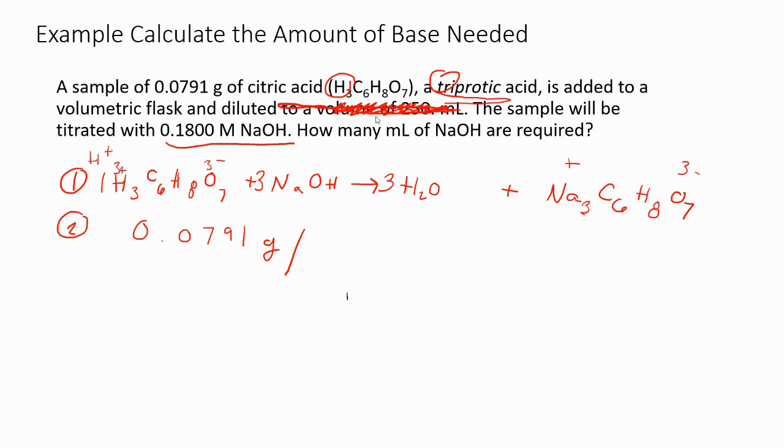So I'm going to add hydrogen, so 3 hydrogens plus 6 times 12 plus 8 plus 7 times 16-ish. Let's see, did I do that right? Okay, so this gives me a molar mass of 195, and this is grams per mole. So this gives me moles of my citric acid.